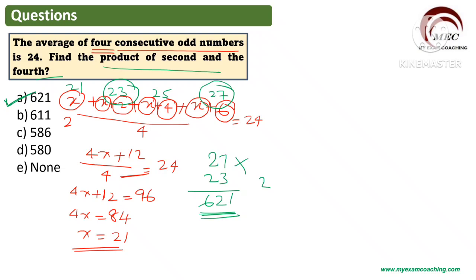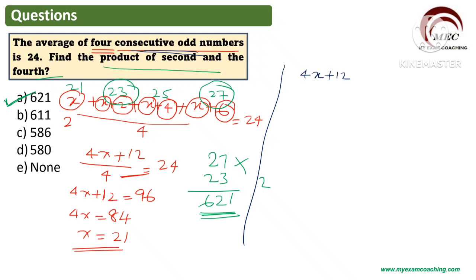Now let me tell you how to do this question as a shortcut method. In the shortcut method, we have 4 consecutive odd numbers. Always understand, whenever we have the sum of 4 consecutive odd numbers, it will be equal to 4x plus 12.